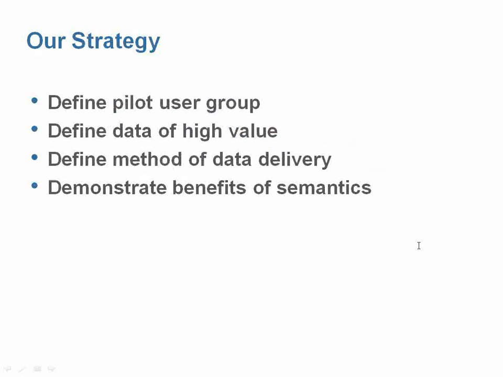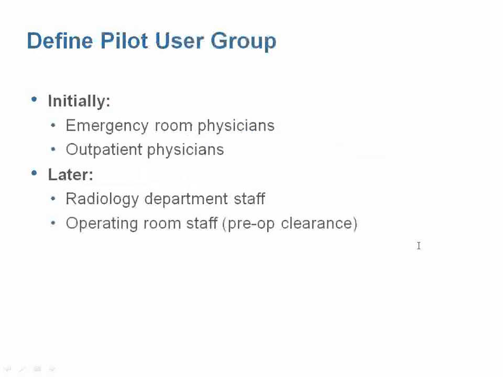Ultimately, you would like it to be as close a match to their workflow and integrated into their workflow as possible, and I'll talk about some of those challenges as I go through the presentation as well. And finally, we wanted to demonstrate early the benefits of the semantics. And again, I'll go through the issues of semantics and how we address them and what the benefits were as we go through the presentation.